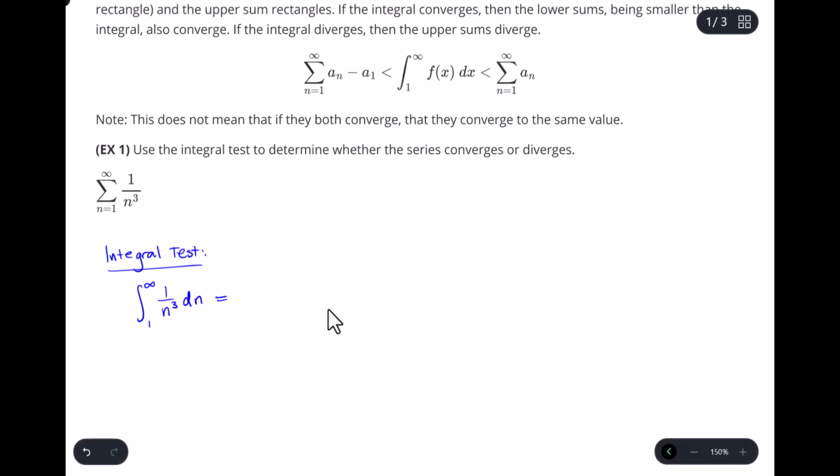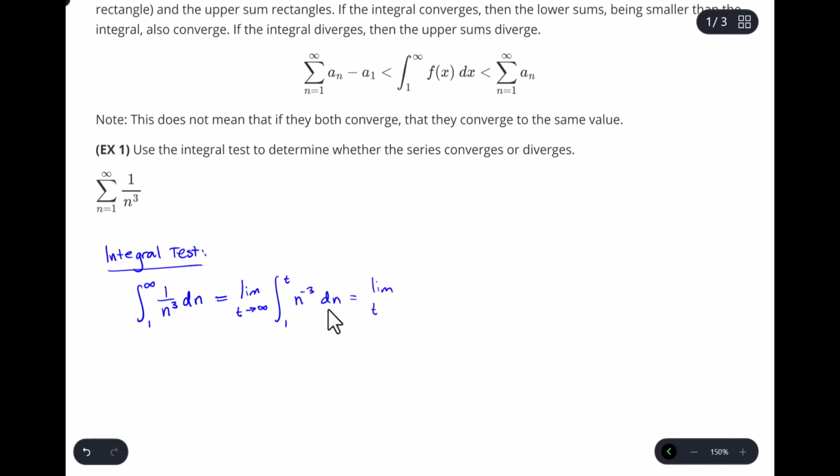But because this is an improper integral, we do need to change this into a limit. So I will make this the limit as, let's say, t goes to infinity of the integral from 1 to t, and I'll go ahead and change this into n to the negative third dn.